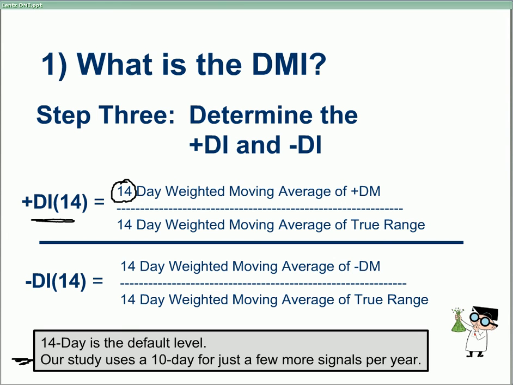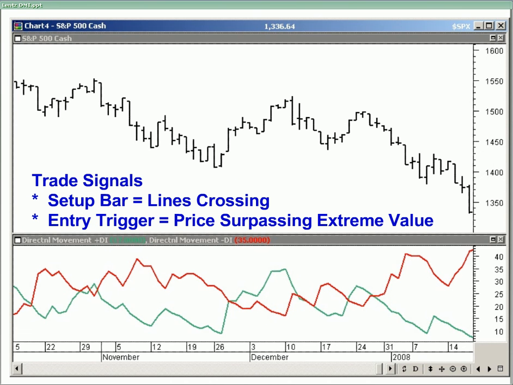But what we do is we take the weighted moving average of that positive DM number, remember the zeros or the sixes and all that, divided by the 14-day weighted moving average of the true range. That gives us the green line value. Use the same approach and we get the red line value for the negative.